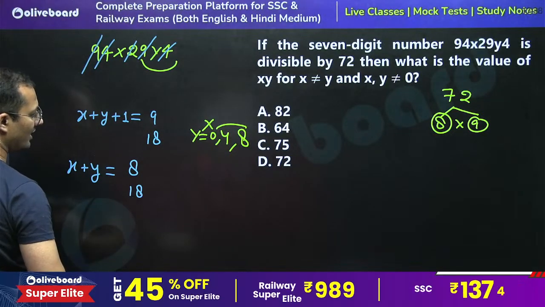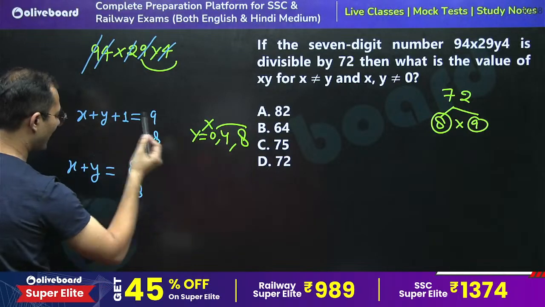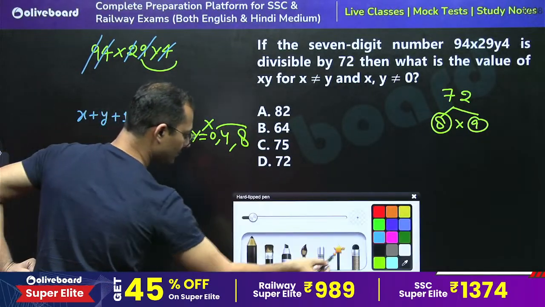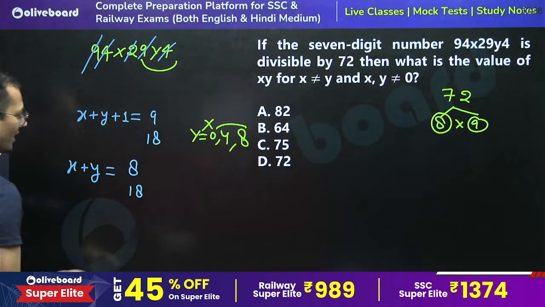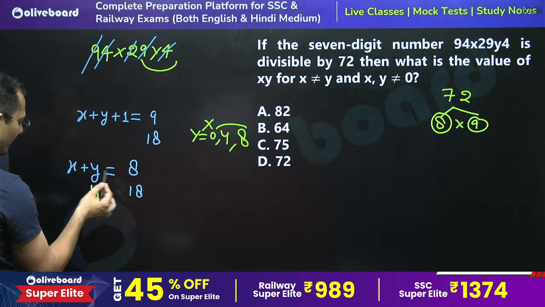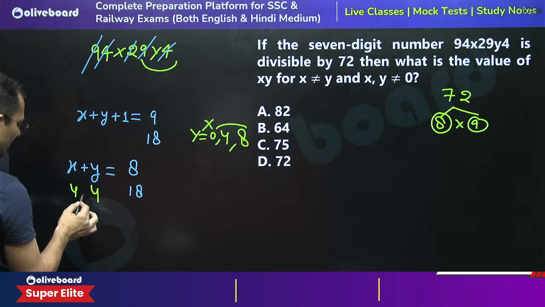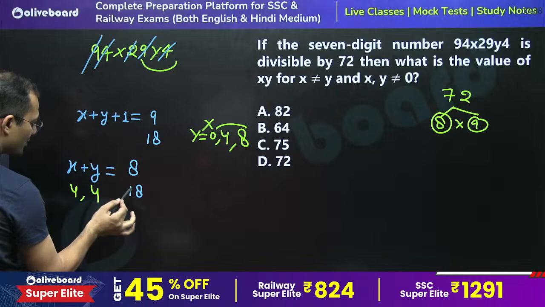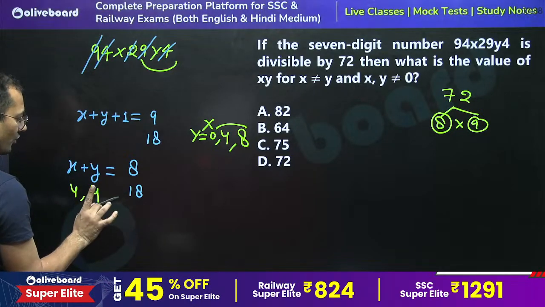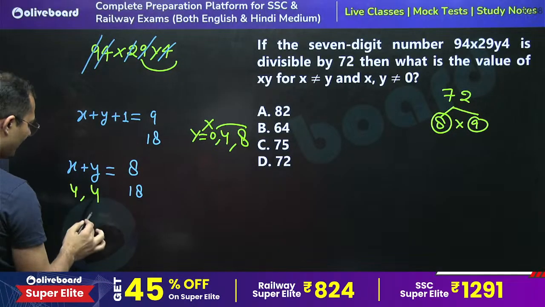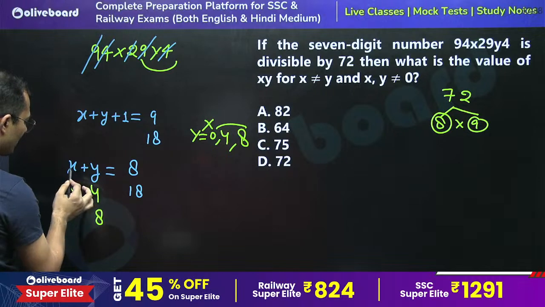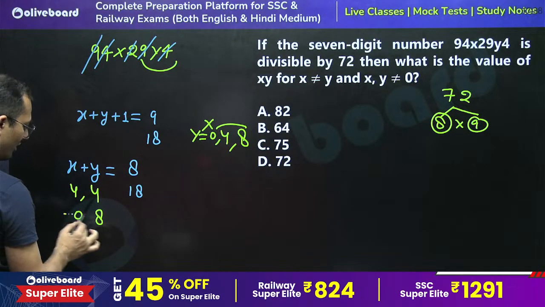Now check for the possibility. If y is equal to 4, then x is equal to 4 also. Okay, possible. If y is equal to 8, x becomes 0, so again not possible.